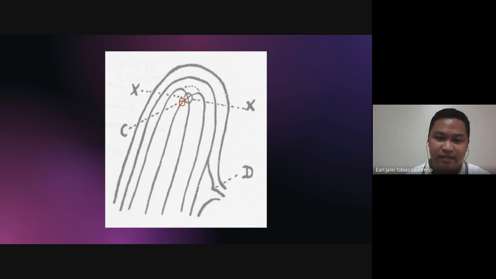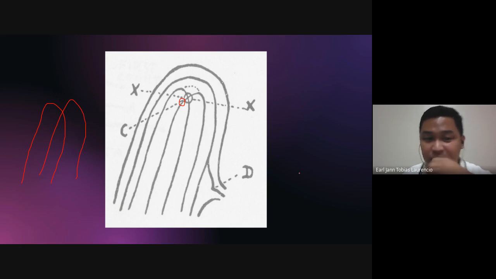Because the rule is that we will imagine that these ridge crossings are not ridge crossings. Originally, they are just like this one. However, we will treat them as if they are separated. So in our imagination, it must look like this.